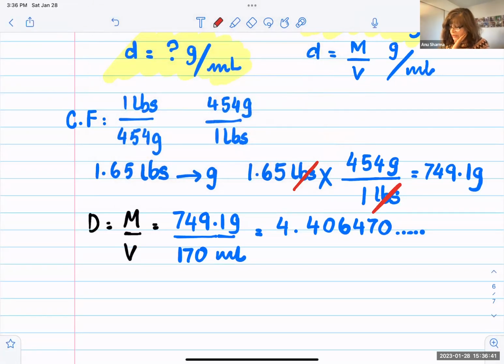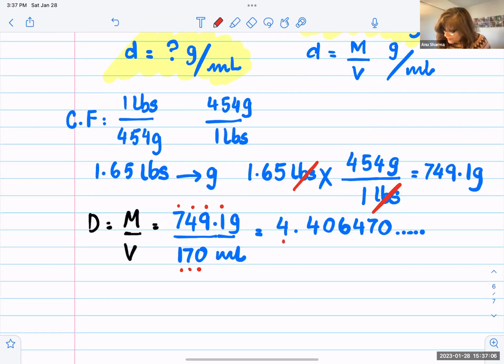Now look at this. This is a division. Here is 3 significant figures, and here is 4 significant figures: 1, 2, 3, 4. The rule of thumb is to use the lowest number of significant figures. So we will use 3 significant figures.